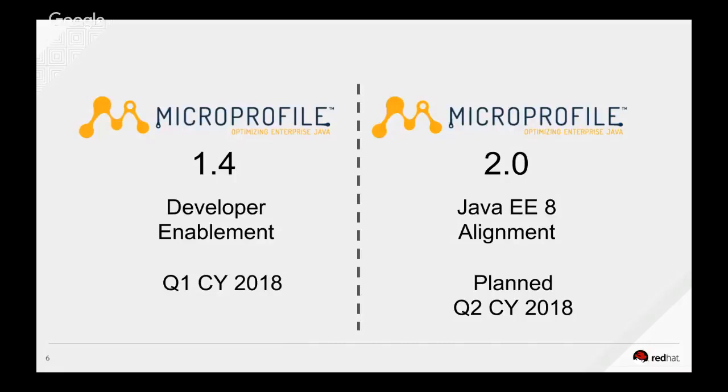But we really want to focus on developer enablement. That means examples, better documentation, YouTube videos, that kind of approach. Because a lot of functionality, we realized, well, let's help developers actually go off and implement their applications using these technologies. So in the first quarter of this calendar year, look for MicroProfile 1.4.